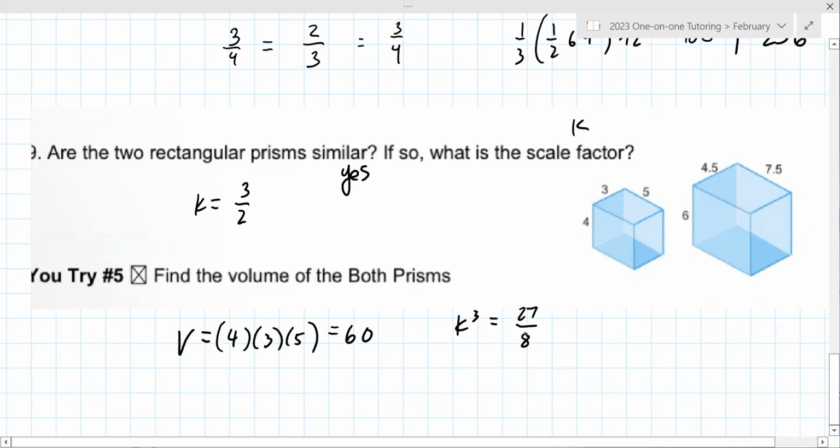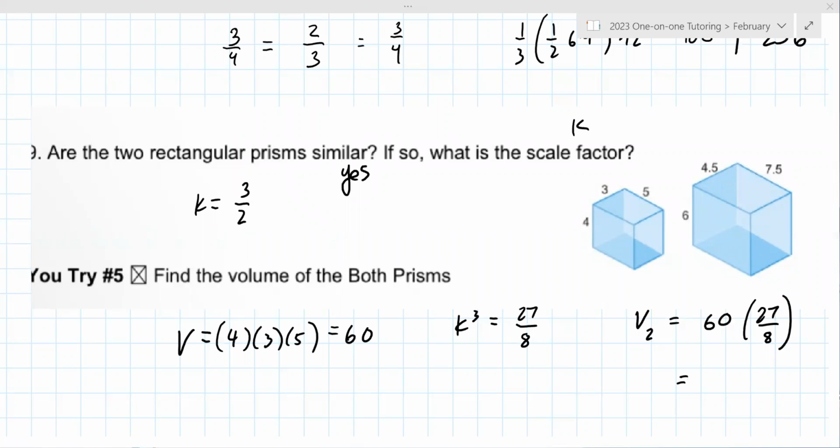Do you agree with that? Yes. Okay, so you should be able to find the volume of the second prism by taking the other volume and multiplying it by 27 over 8. Okay, so I do 60 times 27 over 8.